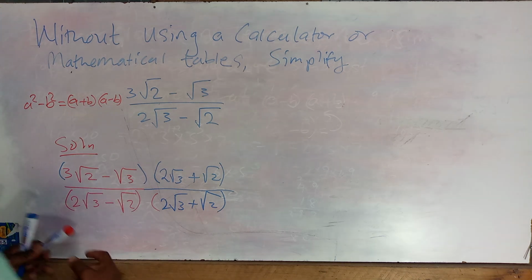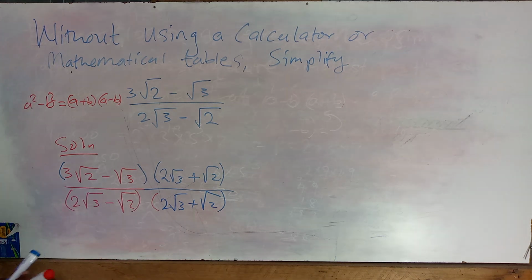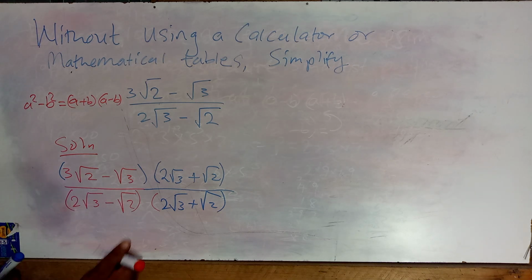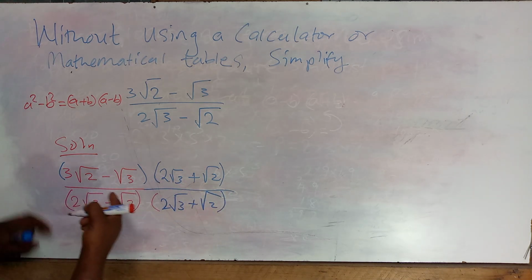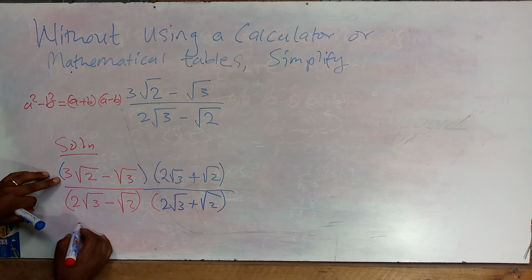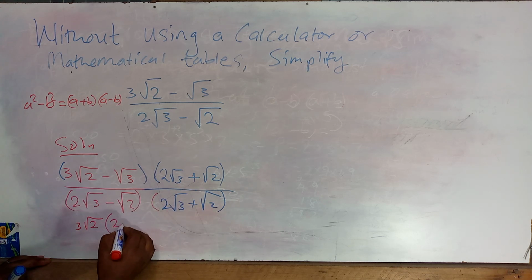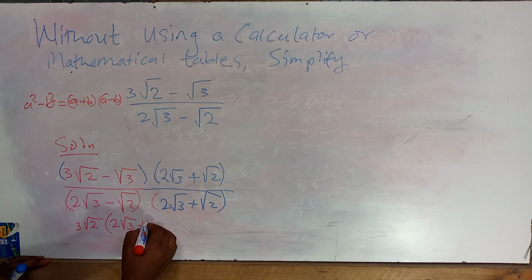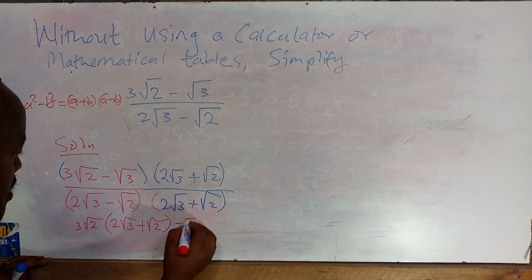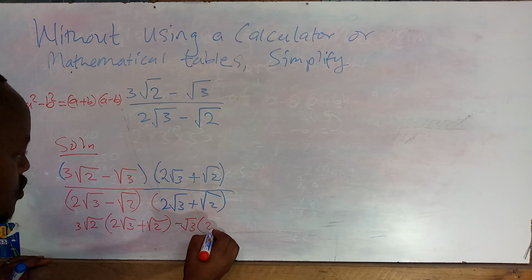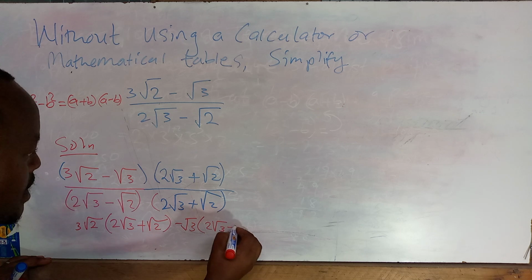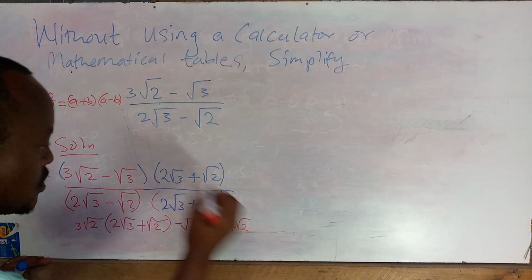So this means we can now multiply here by 3 root 2, then 2 root 3 plus root 2, then minus root 3, 2 root 3 plus root 2.